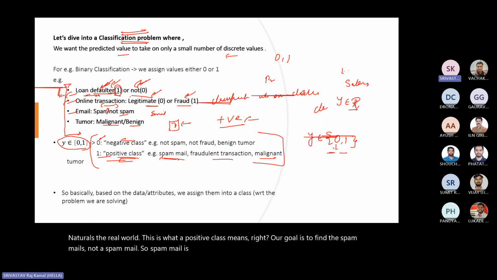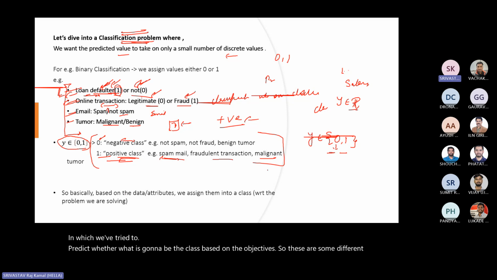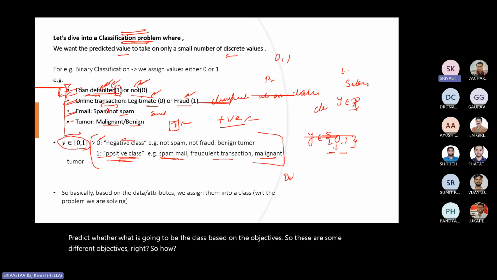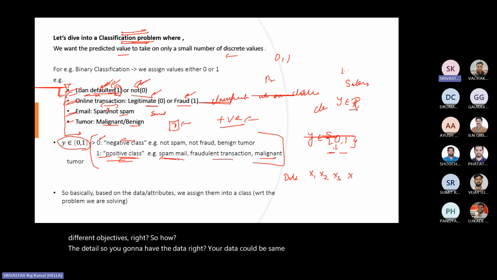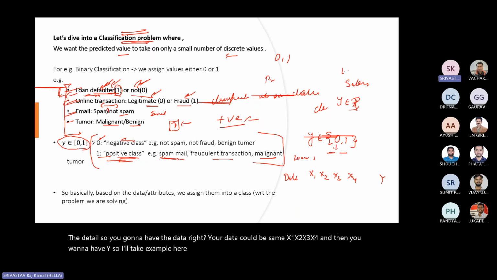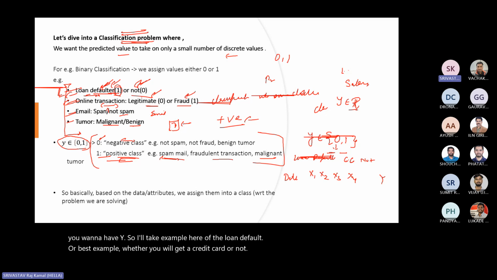In general, a classification problem is one in which we try to predict what the class is going to be, based on the objectives. These are some different objectives, right? So how does the data look? Your data could be the same, x1, x2, x3, x4, and then you're going to have y. I'll take an example of the loan defaulter, or the best example, whether you will get a credit card or not, or whether you will default on the credit card.